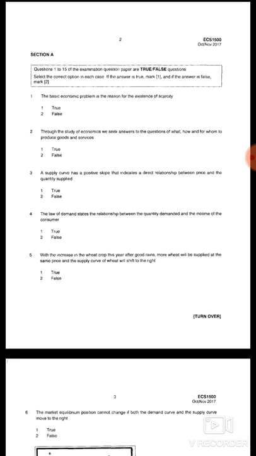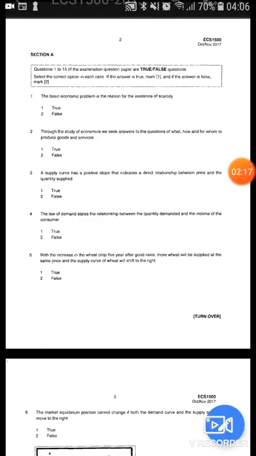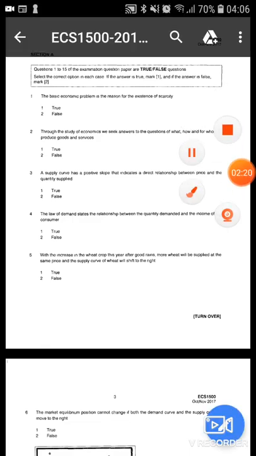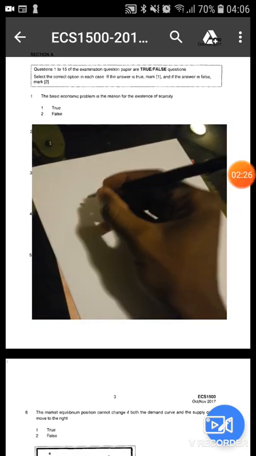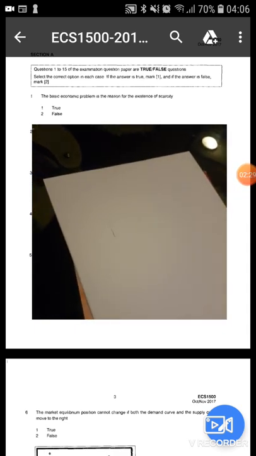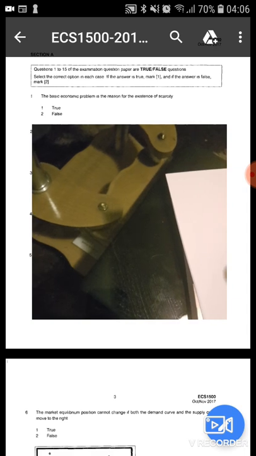A supply curve has a positive slope that indicates a direct relationship between the price and the quantity supplied. This is also true. Let me show you on that diagram. Okay, this is the supply curve.